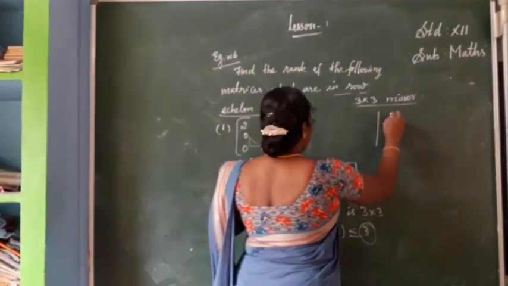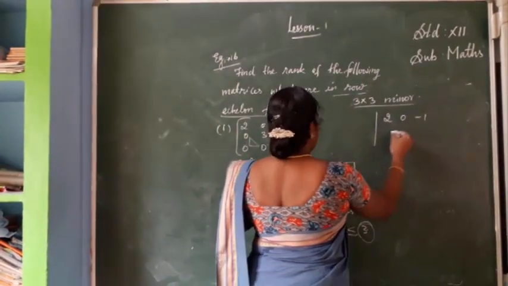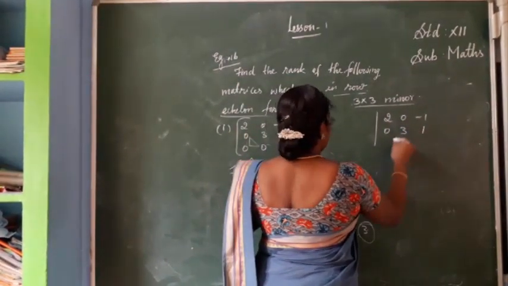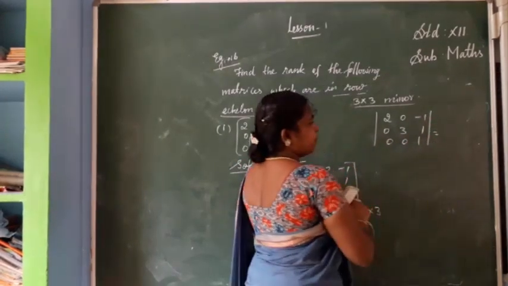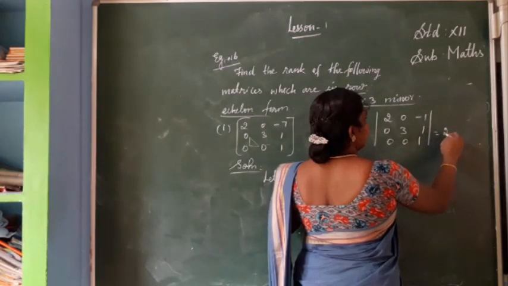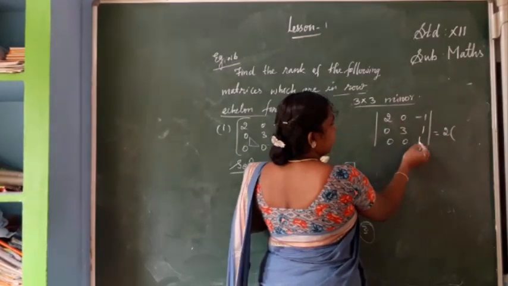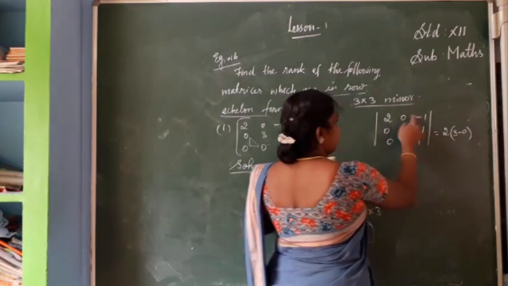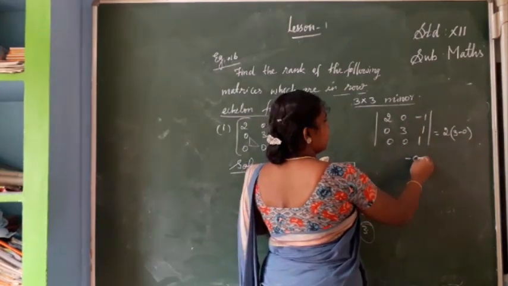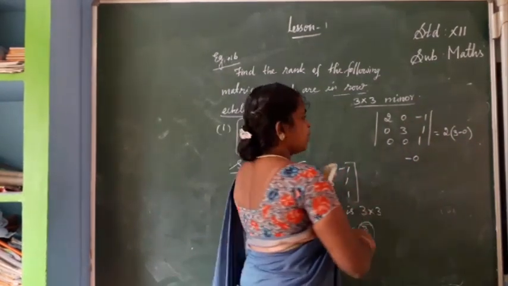So we find the determinant of 2 0 minus 1, 0 3 1, 0 0 1. 2 into 3 minus 0 is 3; the next element is 0, so no need to do anything, and we get 0.